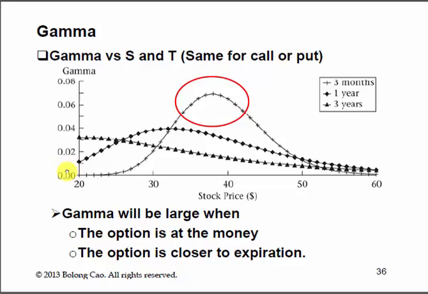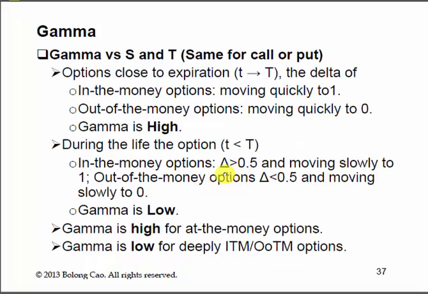If the option is in the money, here or here, the high price level is for call, the low price level is for put. Delta can be higher than 0.5, and it moves slowly to positive 1 or negative 1, because the option will likely end up in the money.